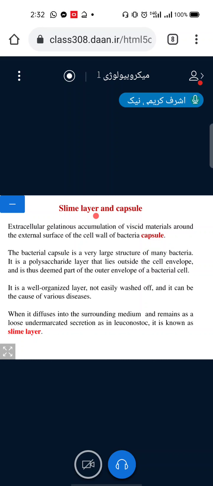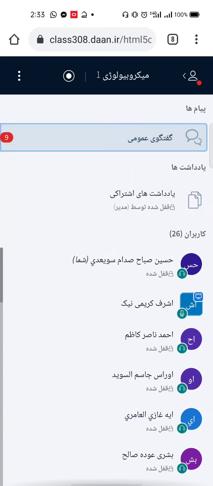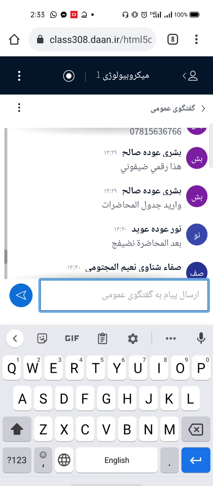The bacterial capsule is a very large structure in many bacteria. Some bacteria have a capsule, and some capsules are very large, like Klebsiella. In Klebsiella, the capsule is very large.